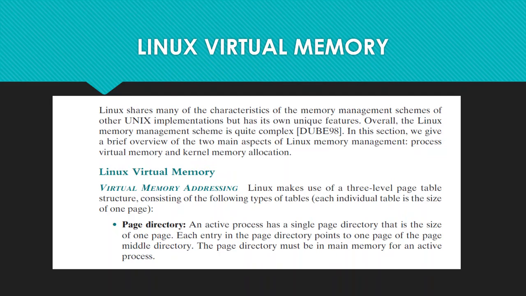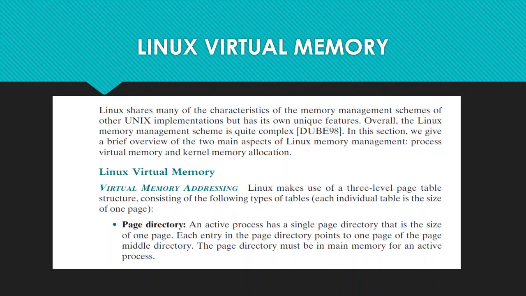An active process has a single page directory that is the size of one page. Each entry in the page directory points to one page of the page middle directory.